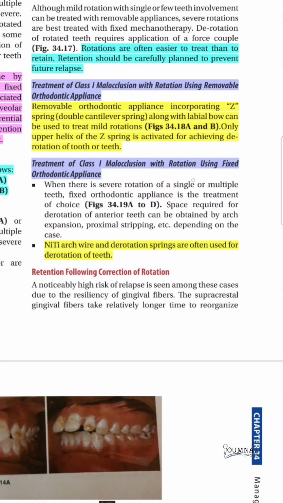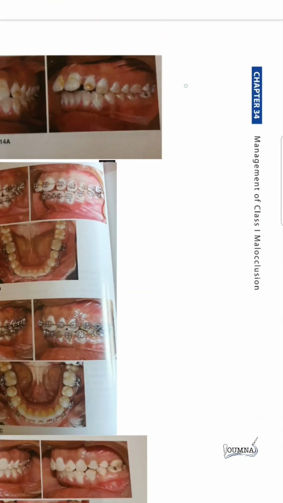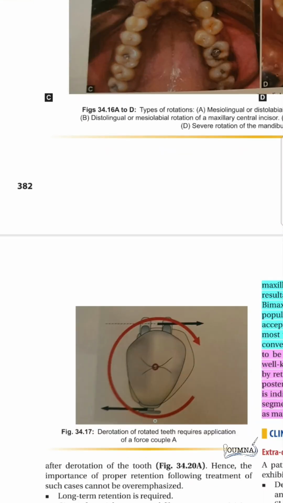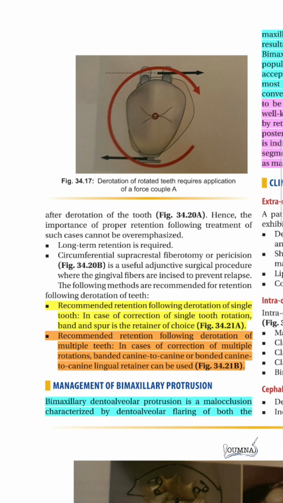If you want to use a fixed orthodontic appliance, we use the nickel titanium arch wire and derotation spring in the picture that we have shown earlier, this one.